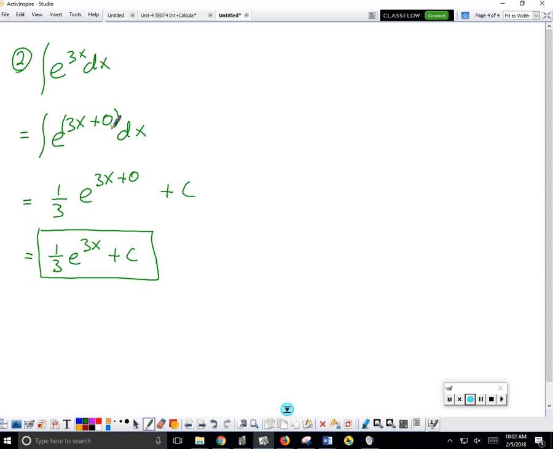Cool. You wanted to check that? Here's the check. I take the derivative of this, that would be d of 1/3 e to the 3x plus C. Use the additive property.